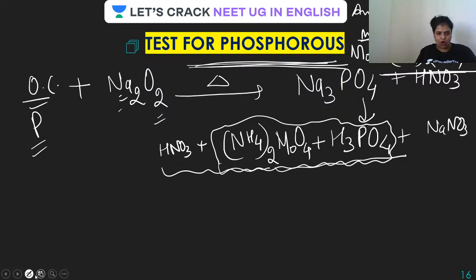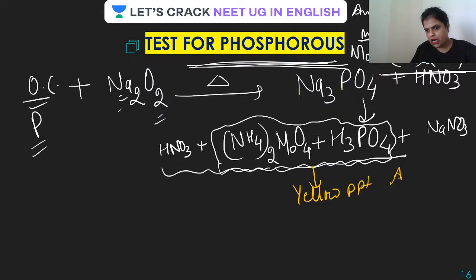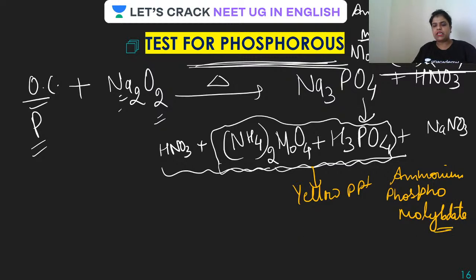Let us see how to write down the formula for ammonium phosphomolybdate, because most of the time we get confused. This is going to form a yellow PPT of ammonium phosphomolybdate. How to recall the formula, guys? If it is ammonium phosphomolybdate, first of all write down the formula of ammonium phosphate, guys.